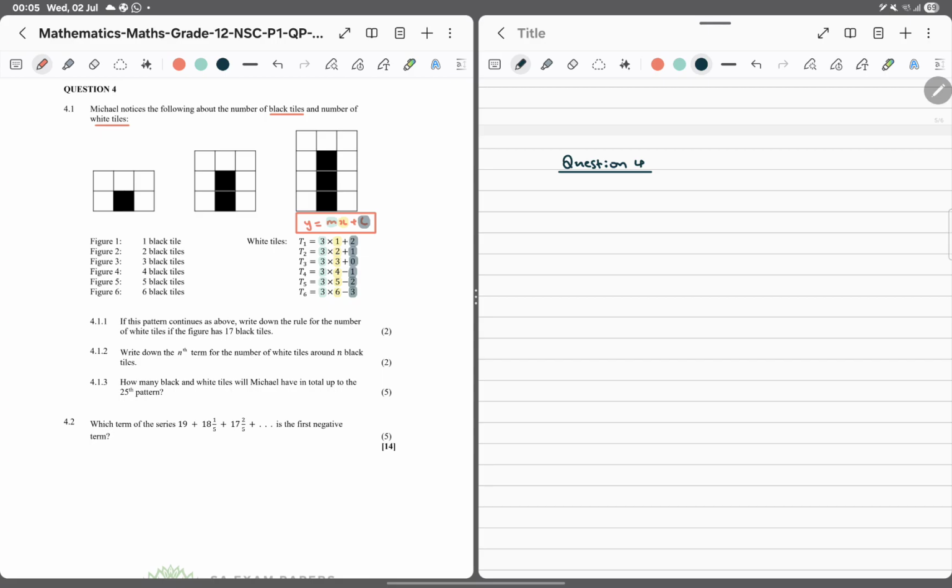So these things, guys, need to be understood. I cannot overly emphasize these. Messing this up is messing your life up. Let's go for the questions. 4.1.1 says, if this pattern continues as above, write down the rule for the number of white tiles in the figure that has 17 black tiles.